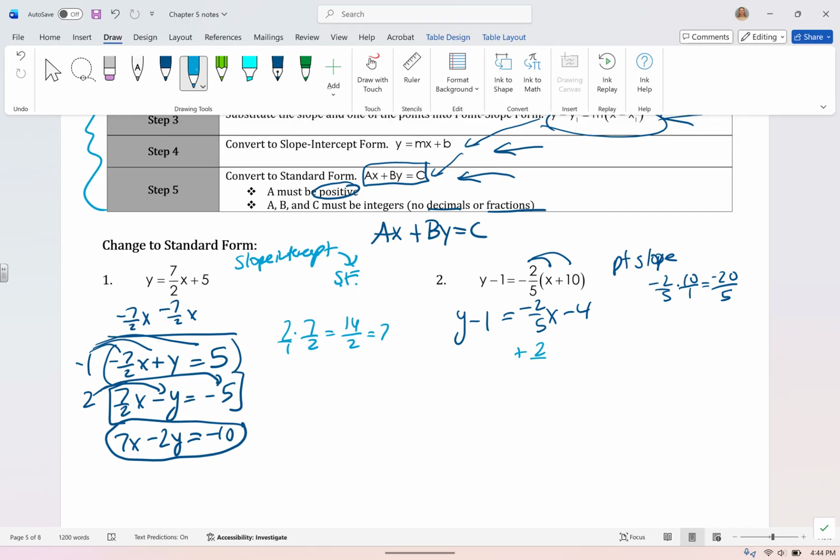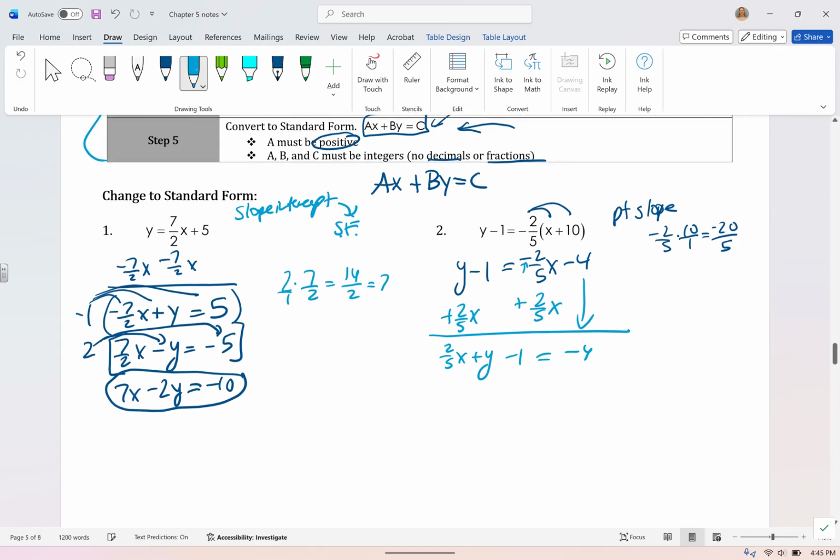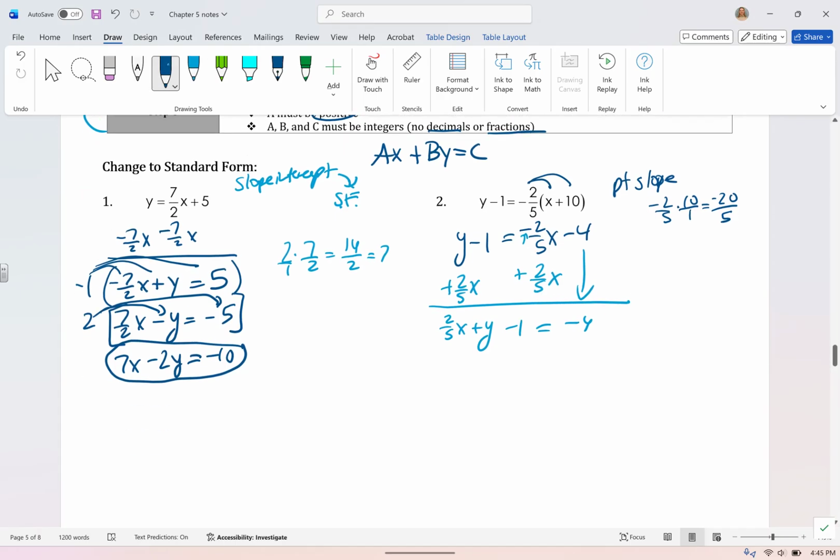So we're going to add 2/5 x to both sides. To move a whole term, you got to add or subtract. So since this is negative, you're going to add it. You get 2/5 x, and then plus y, minus 1 equals -4. We're bringing down what's left. And then we want to get the x, then the y equals the number. So we're going to add 1 to get it to go to the other side.